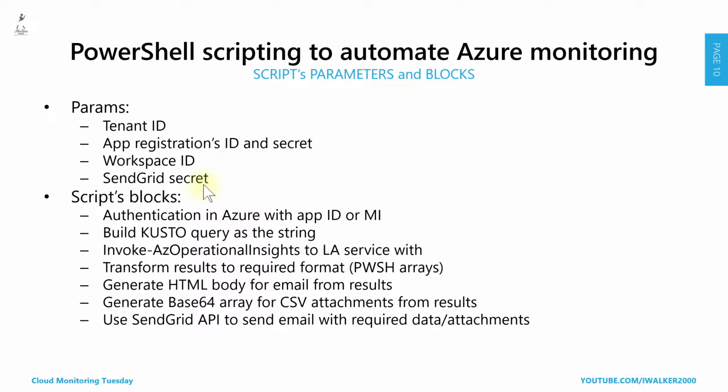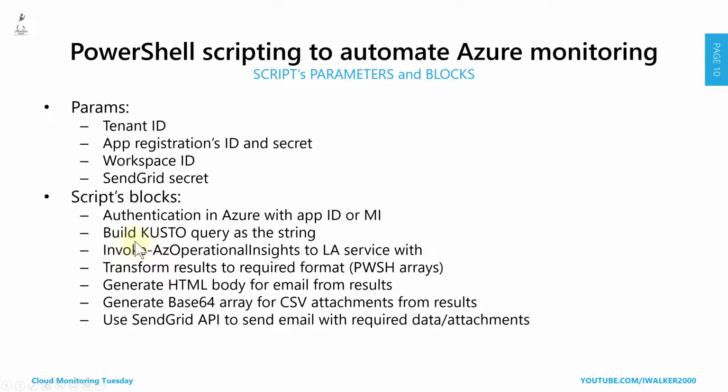You can get it in the SendGrid settings, and after that you will be able to run the script with these parameters. And the main blocks: authentication in Azure with application ID or managed identity, depending on which type of identity you prefer inside Azure monitoring, or it will be a universal script.